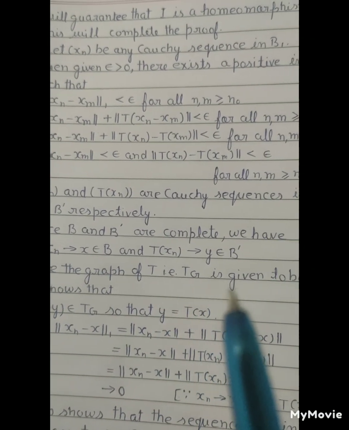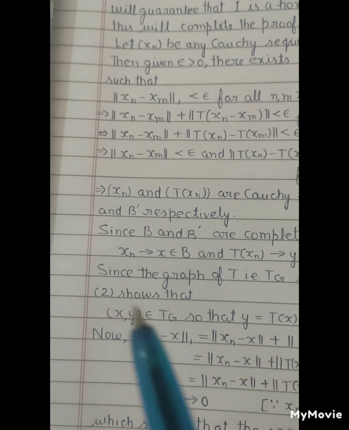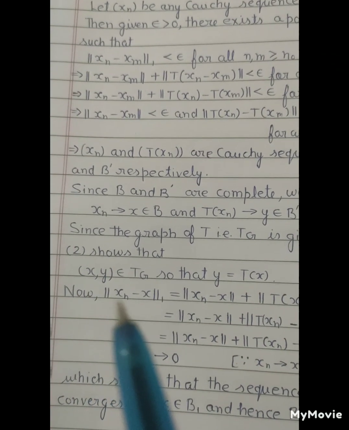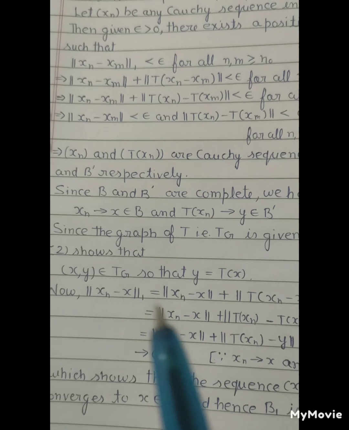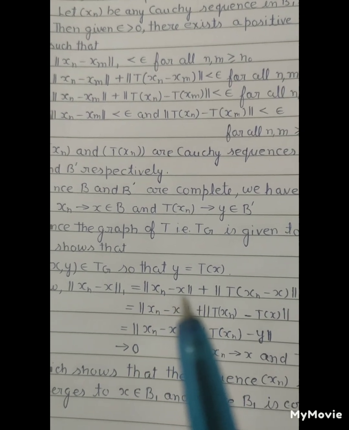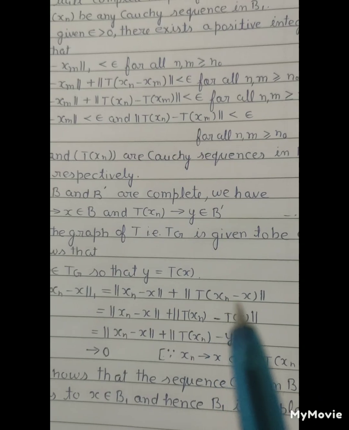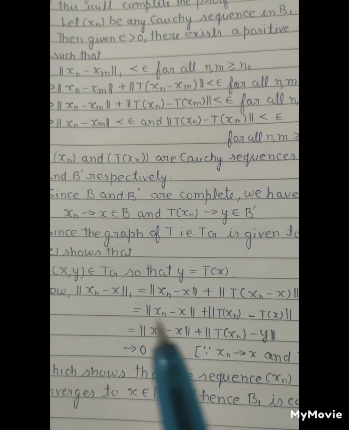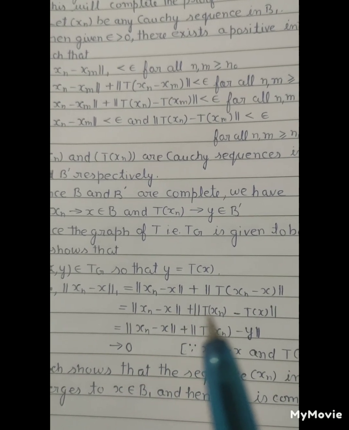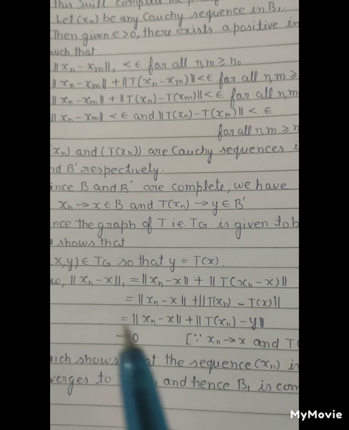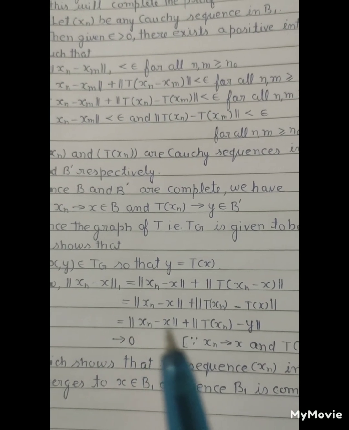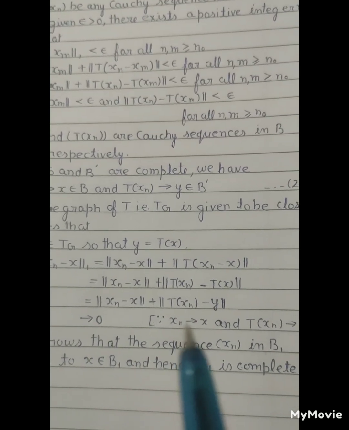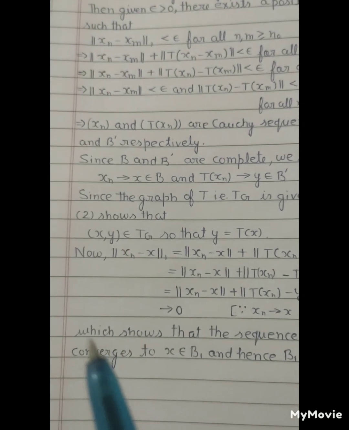Since the graph of T, T_g, is given to be closed, equation 2 shows that (x, y) belongs to T_g, so that y equals Tx. Now norm of (x_n minus x)1 equals norm of x_n minus x plus norm of T(x_n minus x), which equals norm of x_n minus x plus norm of Tx_n minus Tx, which equals norm of x_n minus x plus norm of Tx_n minus y, which tends to 0 because x_n tends to x and Tx_n tends to y.